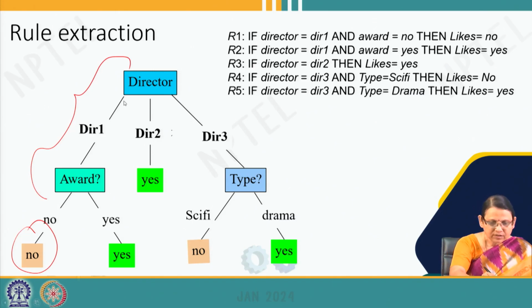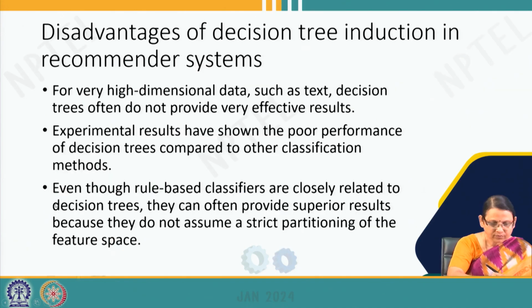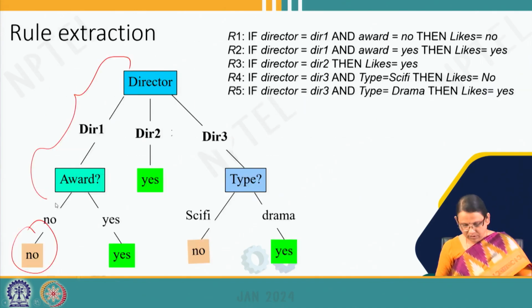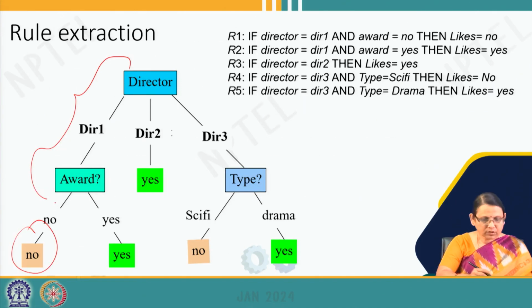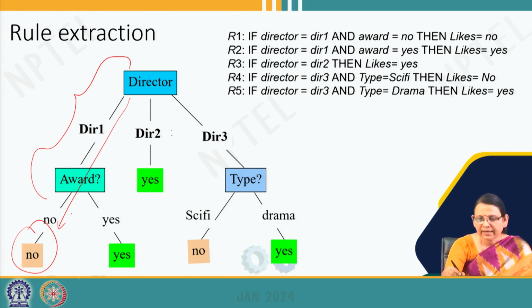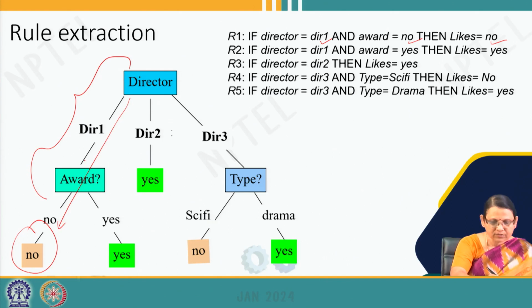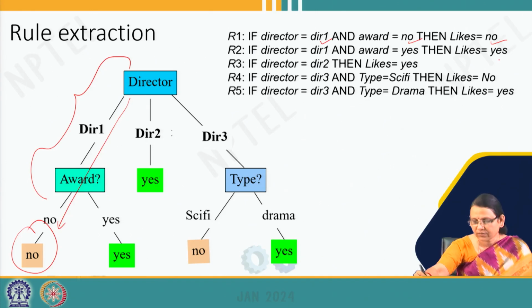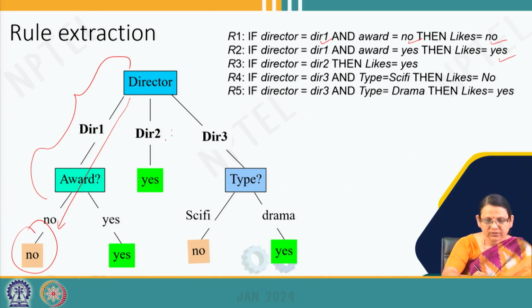That many branches. If I follow this branch, I get my first rule: if the director is dir 1 and award is no, then likes will be no. If director is dir 1, award is yes, then like is yes. So, likewise I can now extract 5 rules.